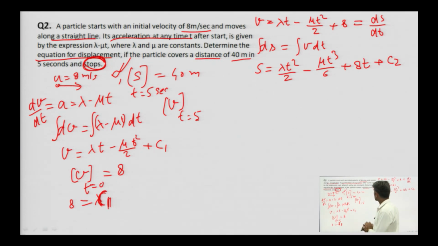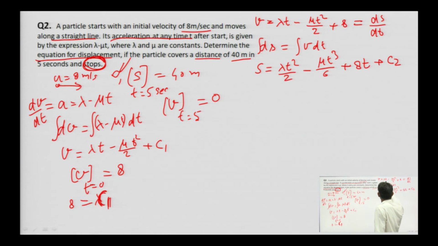Determine the equation for the displacement if the particle covers a distance of 40 meter in 5 seconds. So at t is equal to 5, velocity v is zero. By putting this in this equation, we will get a relation between lambda and mu.